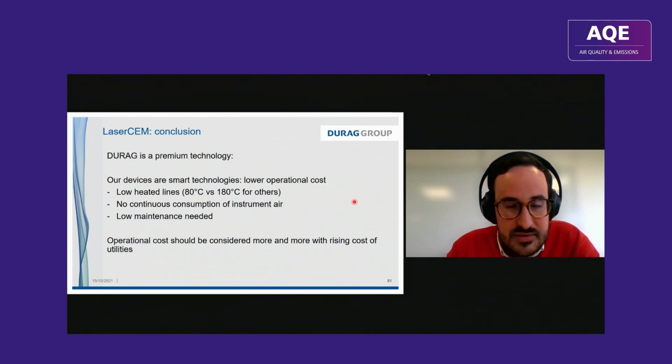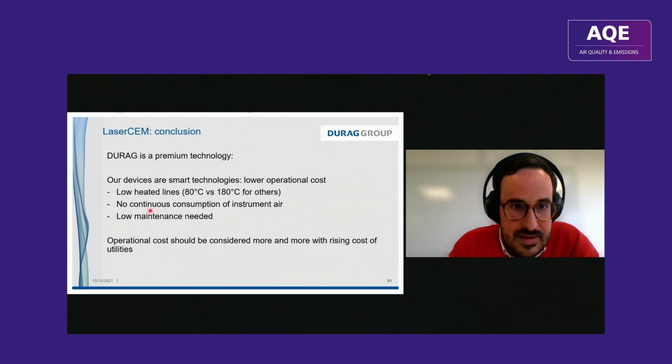And also we try to be a smart technology by lowering the operational cost with a low heated line. So you will use less electricity to heat your sampling line, and have less consumption of the instrument, and low maintenance in terms of consumables and site maintenance needed. So the goal is to reduce the operational costs.